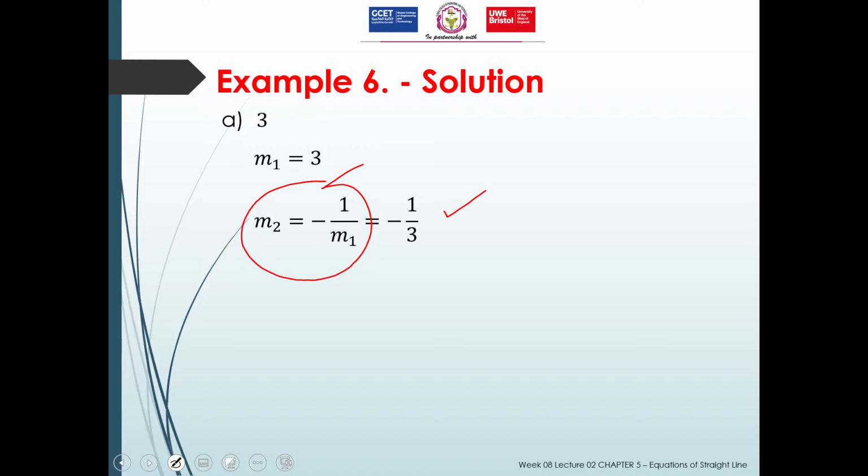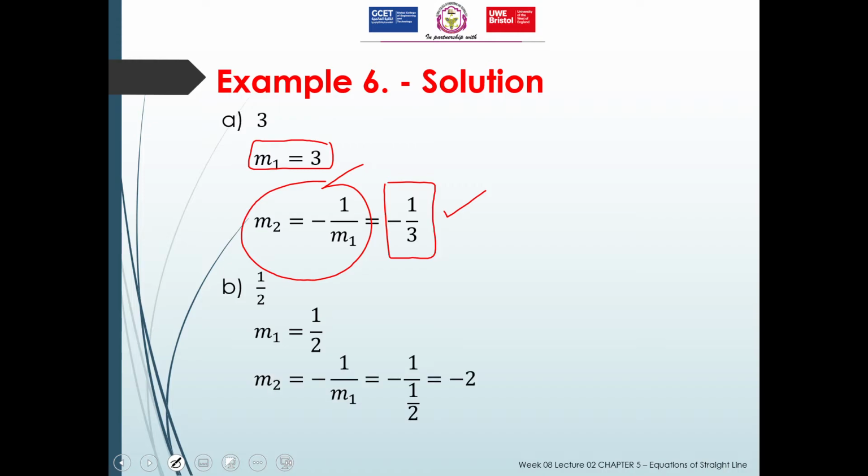The line with gradient equal to 3 is perpendicular to the line with gradient equal to negative 1/3. Now if the gradient of the first line is 1/2, then the gradient of the line perpendicular to it is negative 1 over 1/2, and taking the reciprocal, that is negative 2. So m equals 1/2 is perpendicular to the line with m equals negative 2.